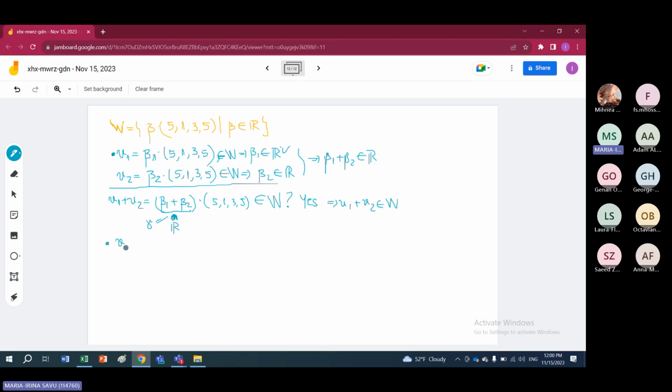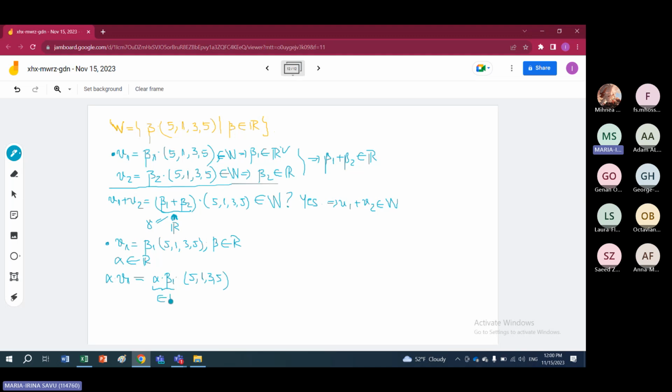Then you take V1, which is beta times (5, 1, 3, 5), with beta in R, and alpha outside. When you compute alpha times V1, this is equal to alpha times beta 1 times (5, 1, 3, 5).